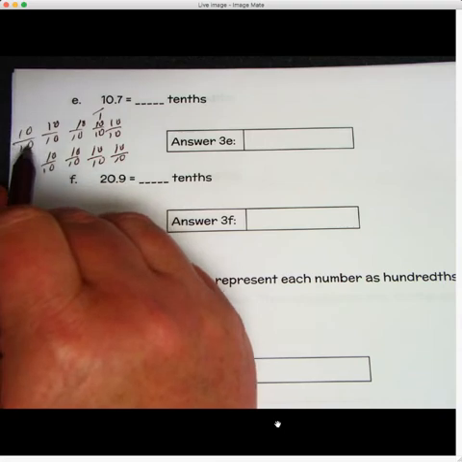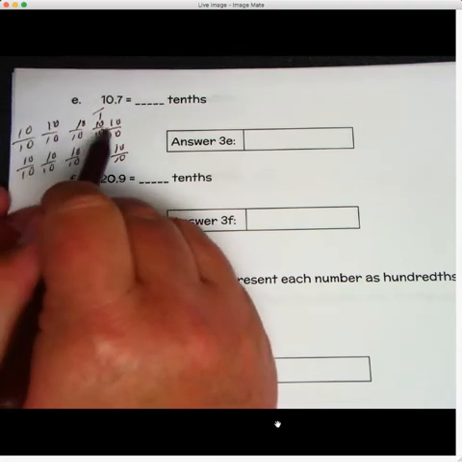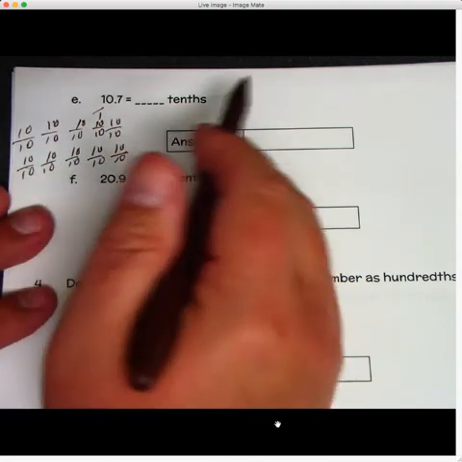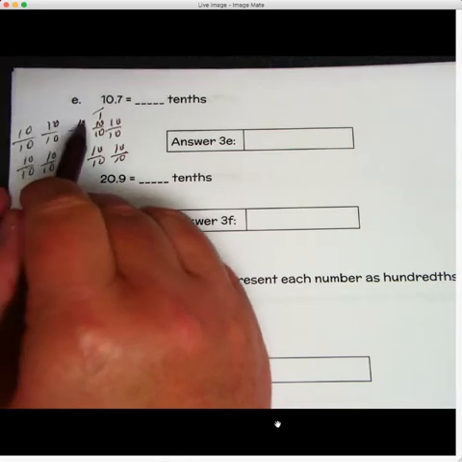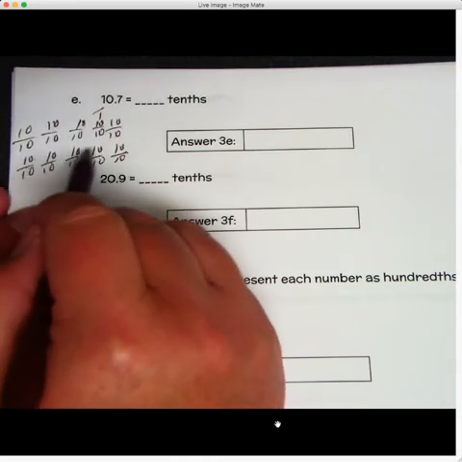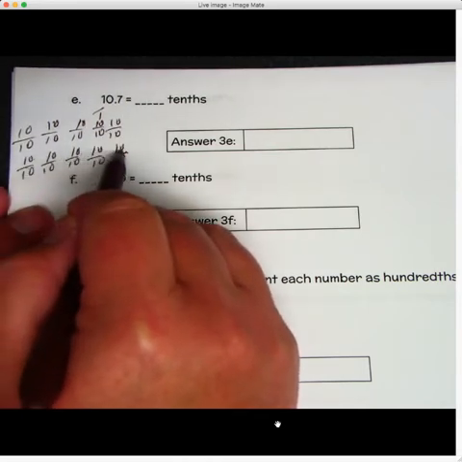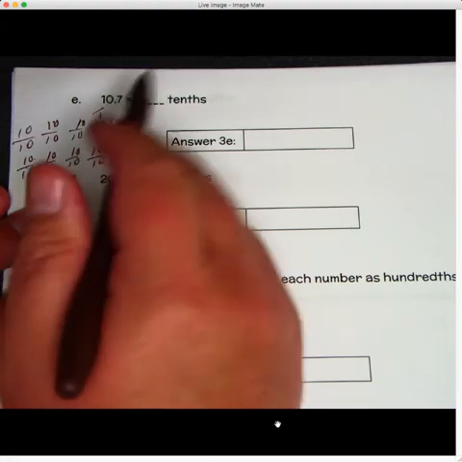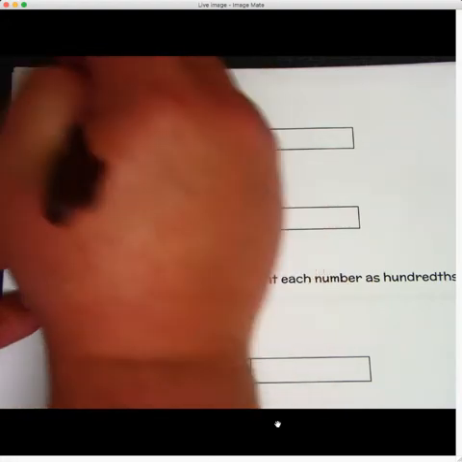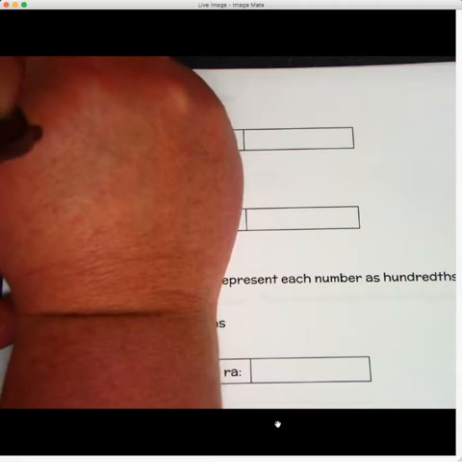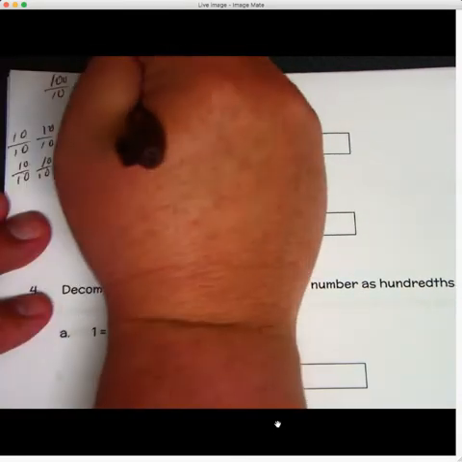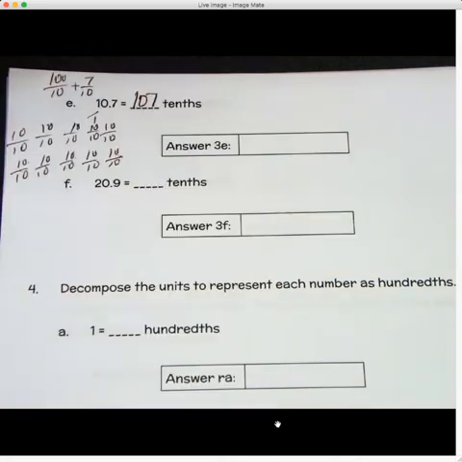Remember, because 10/10 equals 1, 1, 2, 3, 4, 5, 6, 7, 8, 9, 10. If I add all those together, I get 10, 20, 30, 40, 50, 60, 70, 80, 90, 100 tenths plus 7/10. What would be 100 tenths plus 7/10? It's going to be 107/10. That was a fun one.